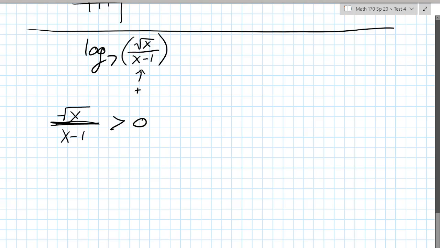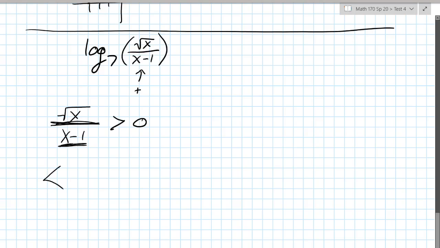But what about from the denominator? From the denominator, if x is 1, there would be a problem. So what about if x is smaller than 1? If x is smaller than 1, like between 0 and 1, maybe a positive 1/2, what would happen? We would end up with a negative number in the denominator of this fraction. That's no good.